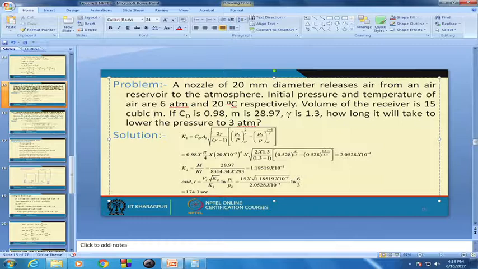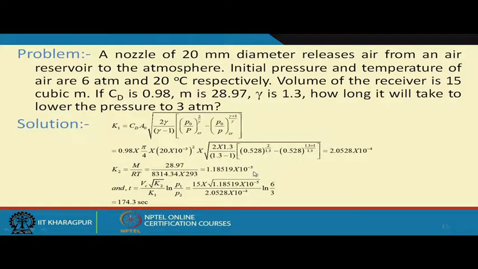Right. So, then only we can say that this is what is coming, that 15 cubic meter, then only this is coming as 15 times this root K2 by K1 ln of 6 by 3, then it is 174.3.